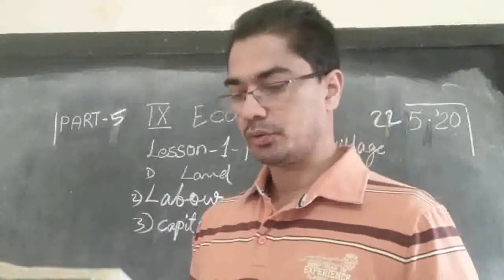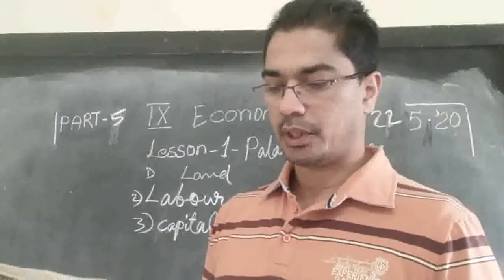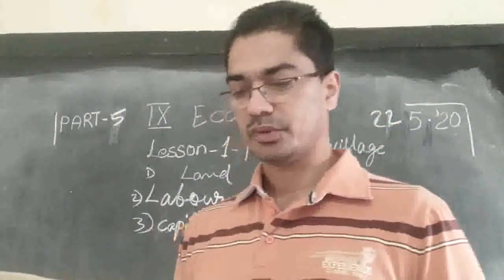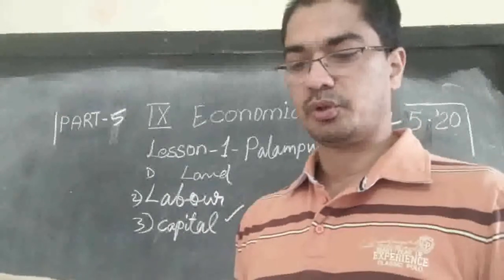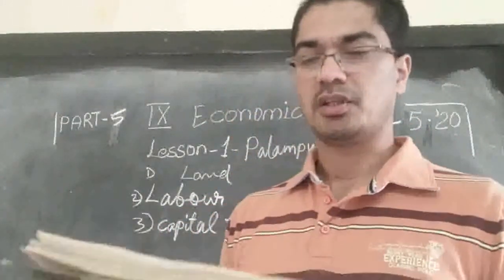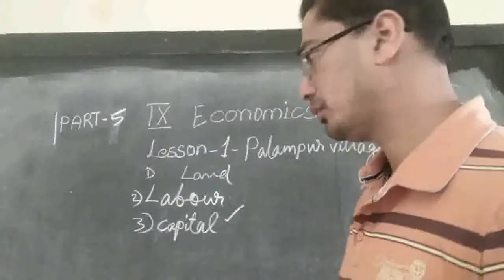They belong to either landless families or dash, so which is the word that you fill up? The people who don't have work, either they belong to landless families or small farmers. Small, the answer is small.